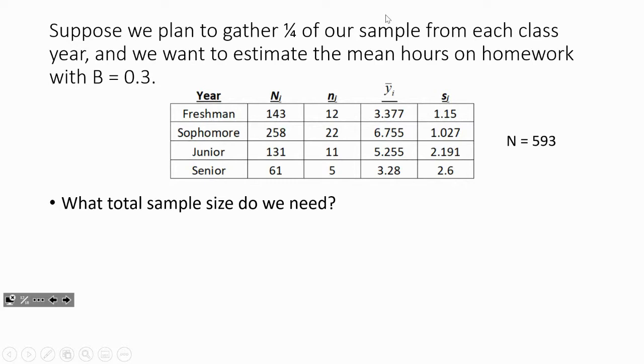And we want to estimate the mean hours that people spend on homework in Math 246 with a margin of error of 0.3. Try finding the sample size that we're going to need. So the 1/4 of our sample is telling you that a sub i equals 1/4 for all 4 of these strata.